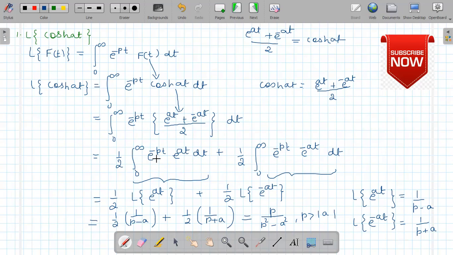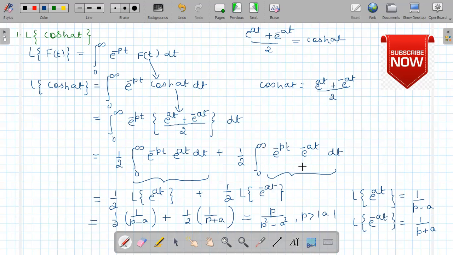Now, this is nothing but the Laplace transform of e raised to the power at, as you know, this is the definition. These both expressions are equivalent. So we can replace this by the Laplace transform of e raised to the power at, and this is nothing but the Laplace transform of e raised to the power minus at.